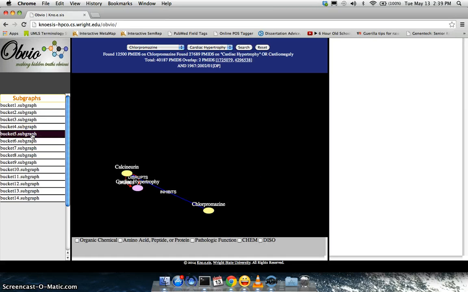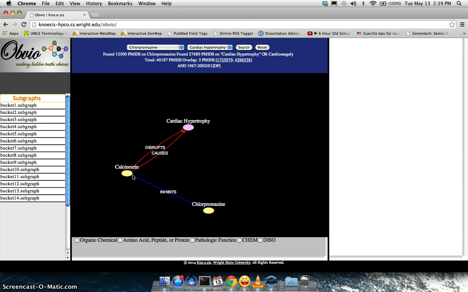In subgraph number 5, the association which states that chlorpromazine inhibits calcineurin and calcineurin causes cardiac hypertrophy can be observed. Selecting a labeled edge, or an arc connecting any pair of entities in the graph, shows the provenance of the semantic predication in MEDLINE.